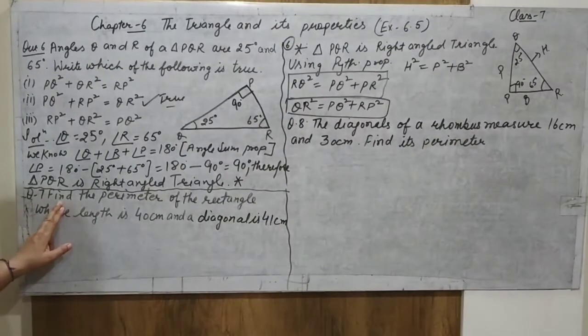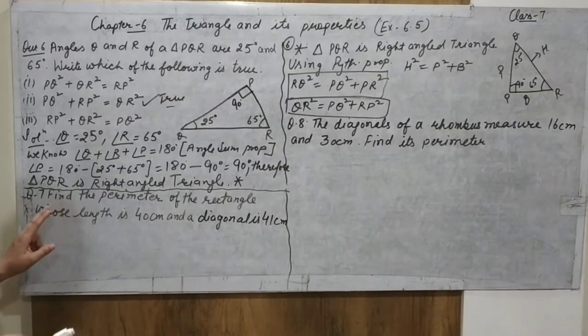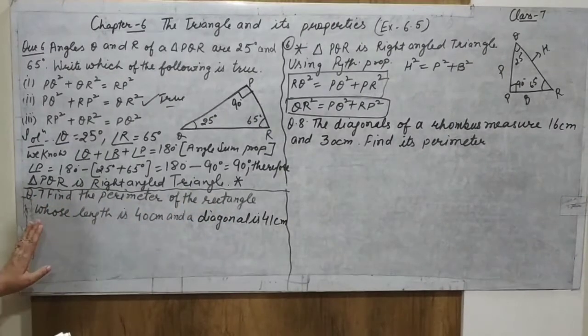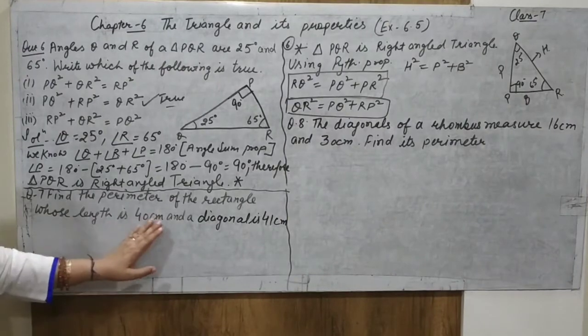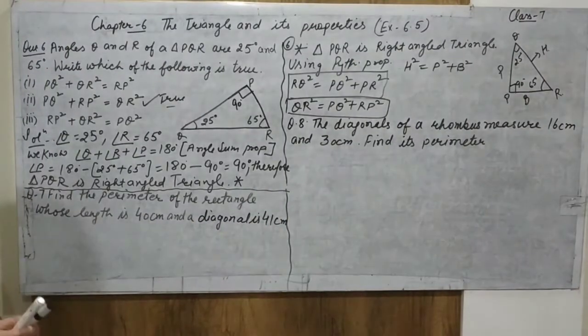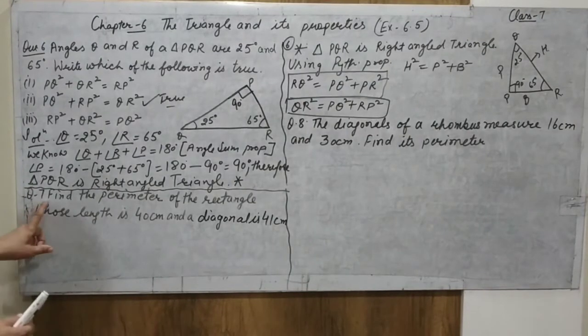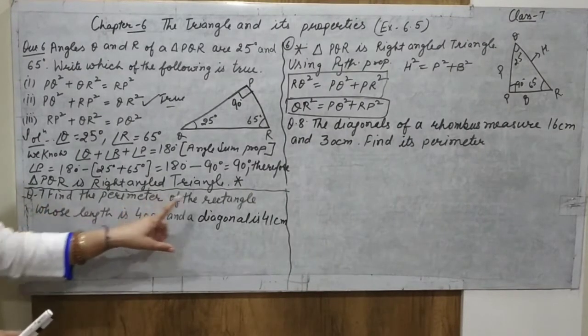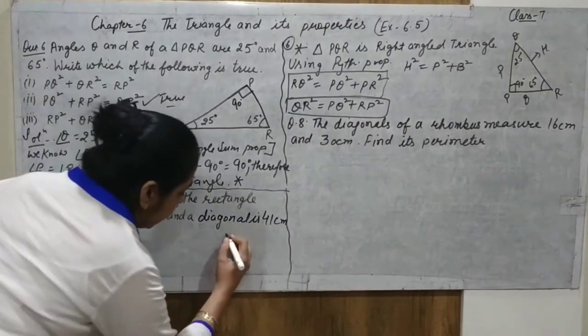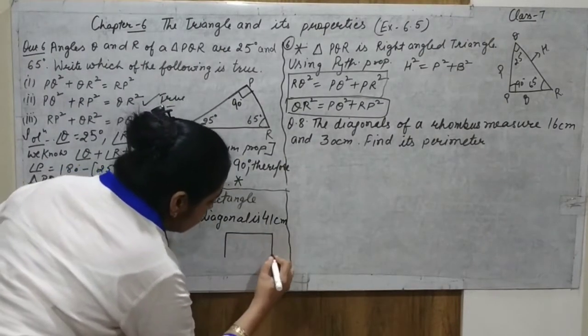7th question, that is also a statement based question. Find the perimeter of the rectangle whose length is 40 centimeter and the diagonal is 41 centimeter. Now what is given first of all? The perimeter of the rectangle. Now what is a rectangle actually? A rectangle is like this diagram.